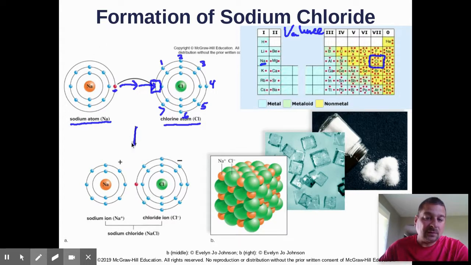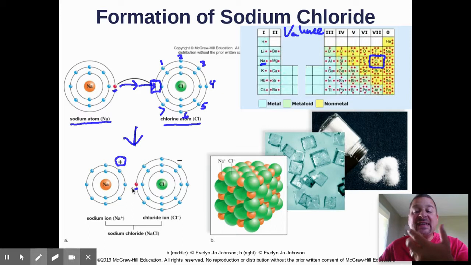If we kind of look down here, sodium now has 8. That red one right here jumped over here. So now chlorine has 8. But now sodium has 1 extra proton and 1 less electron, giving it a +1 charge.